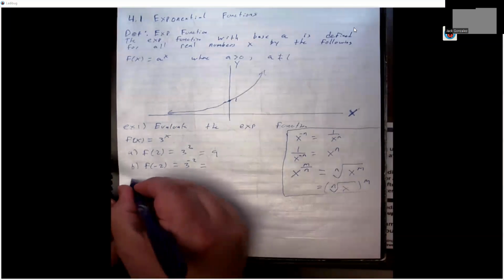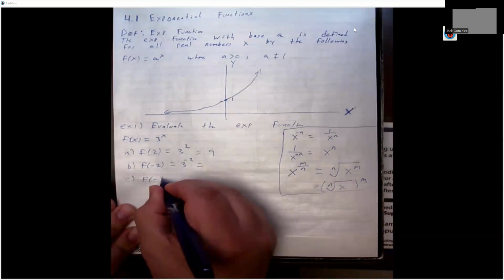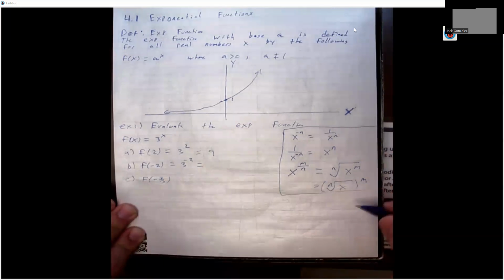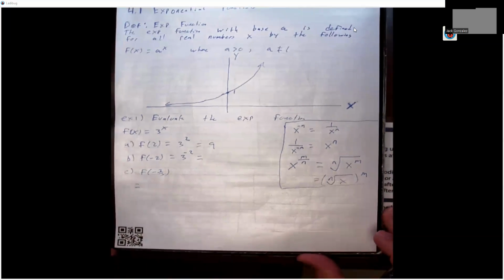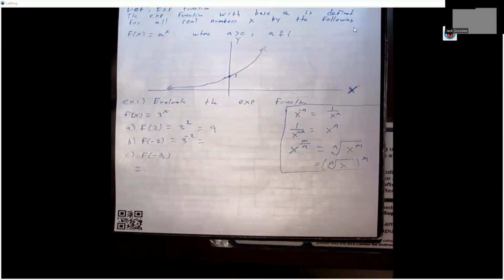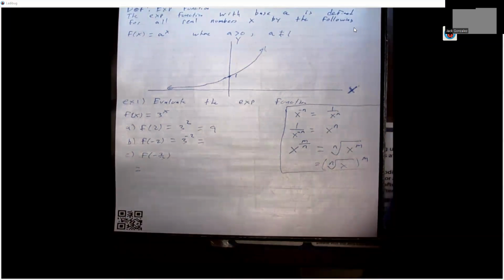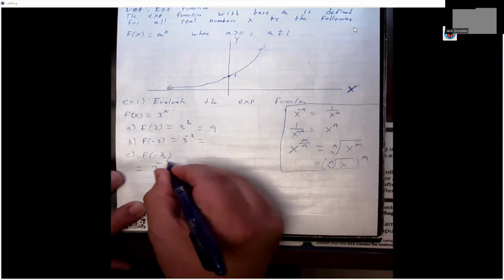Anyway, f of -2/3, this question assumes you remember all of this, right? That would be equal to 3 to the -2/3.